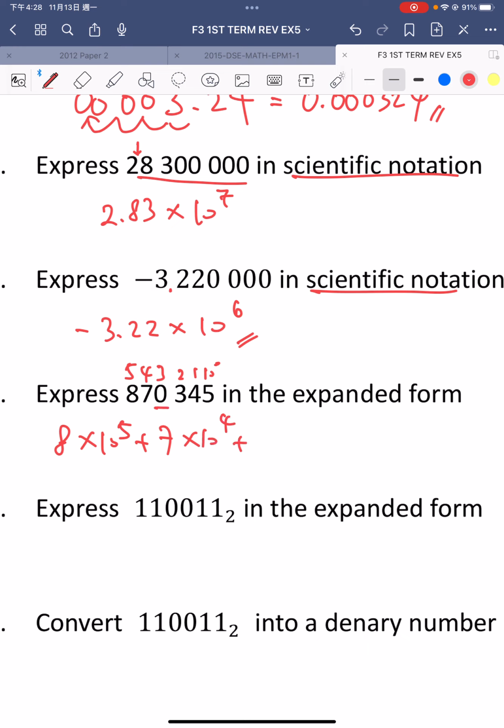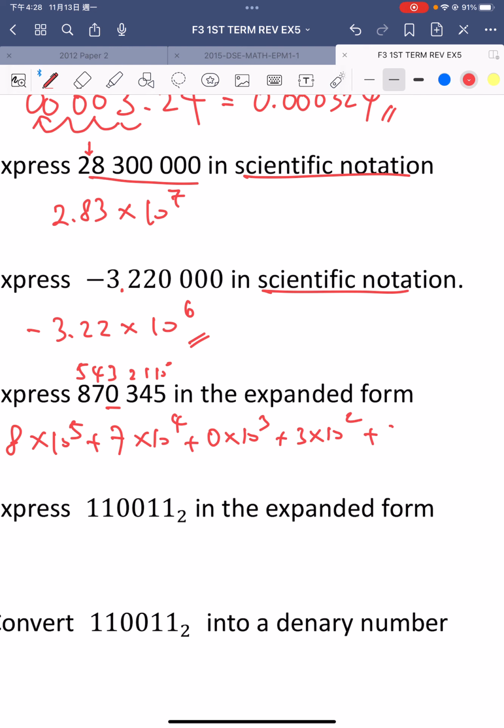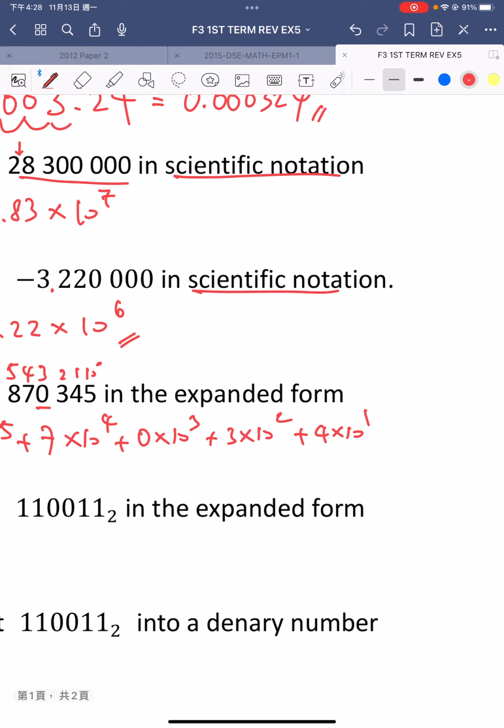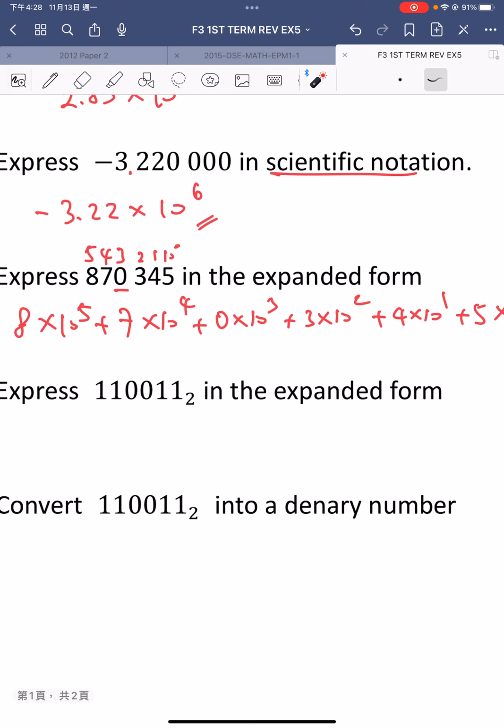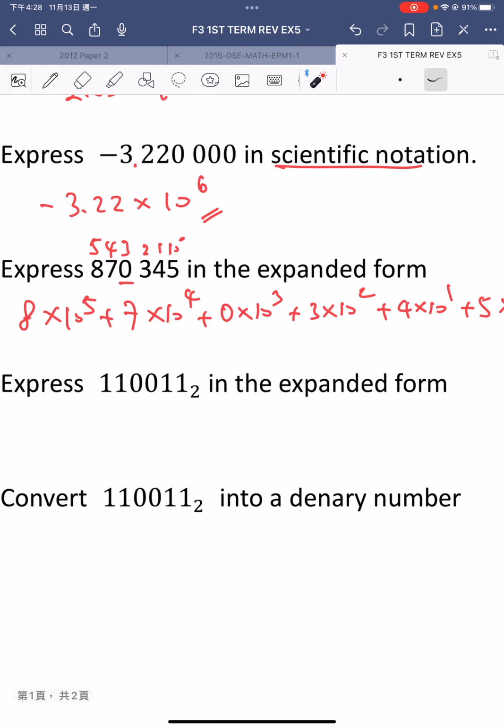And this is 0, you can either write it or not. So this is 0 times 10 to the power of 3 plus 3 times 10 to the power of 2 plus 4 times 10 to the power of 1. And then don't just write me a 5 here. I want a 5 times 10 to the power of 0. So you emphasize that the last term is 10 to the power of 0, which means that you are absolutely correct. Okay, so that's how we expand the numbers.